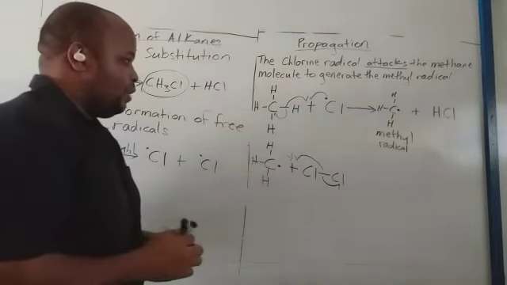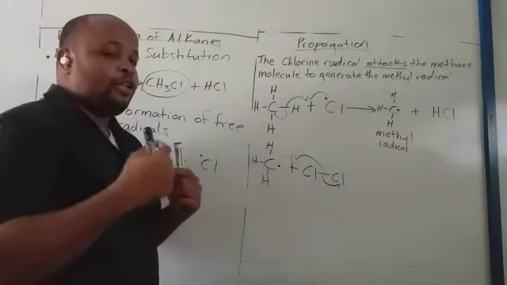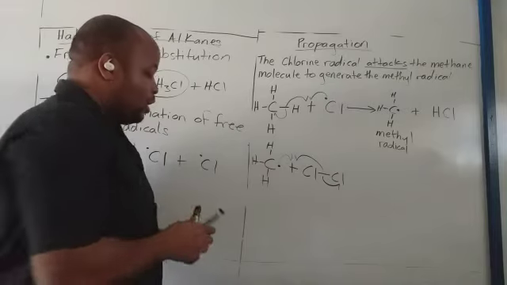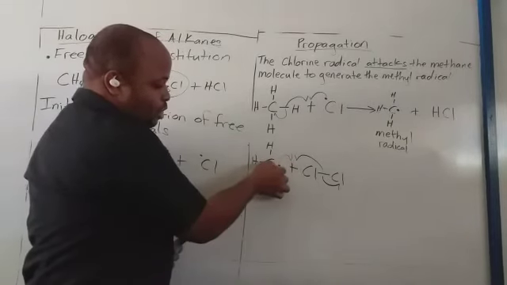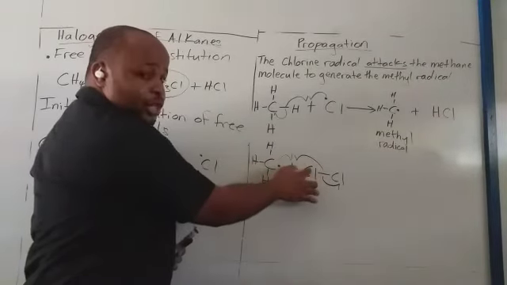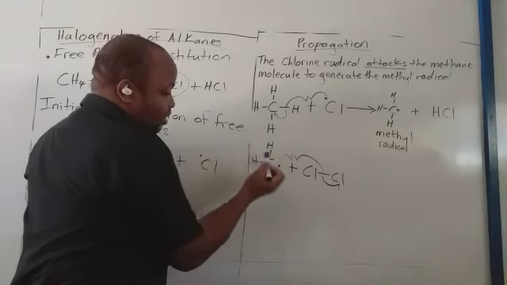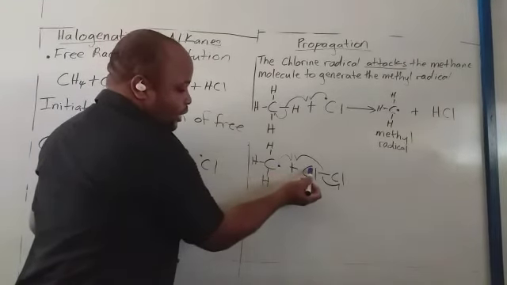Remember, if you have 2 fish hooks facing each other, it means a bond is being formed. So you have this fish hook from the carbon atom facing the fish hook from this chlorine. It means that carbon is using its 1 electron to form a bond with this chlorine.